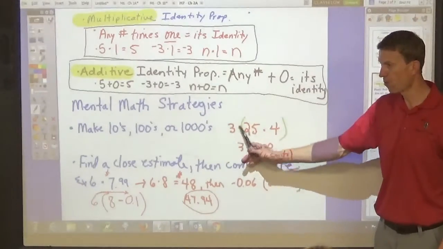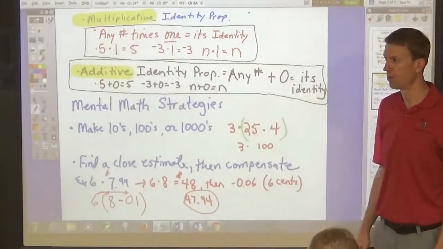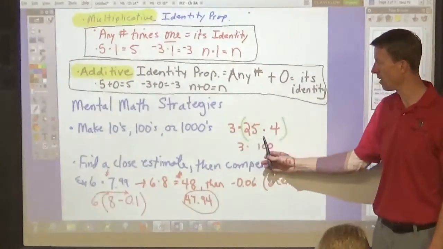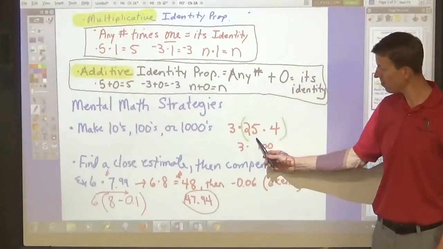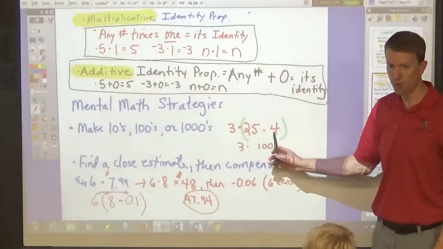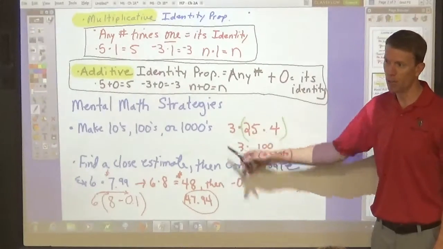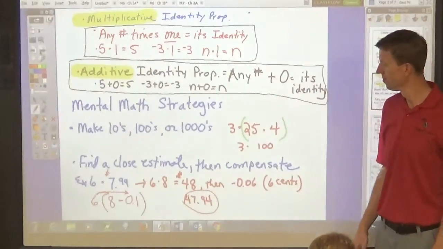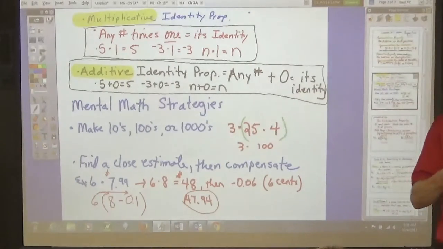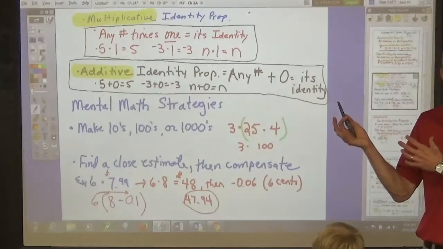Especially if it wasn't 3, if it was 12, for example, or 37. 37 times 25 times 4 would be a lot easier if you did 25 times 4 first, and then multiply by 37. So by changing the order, you can make 100 and then multiply the number by 100. That's a lot simpler.